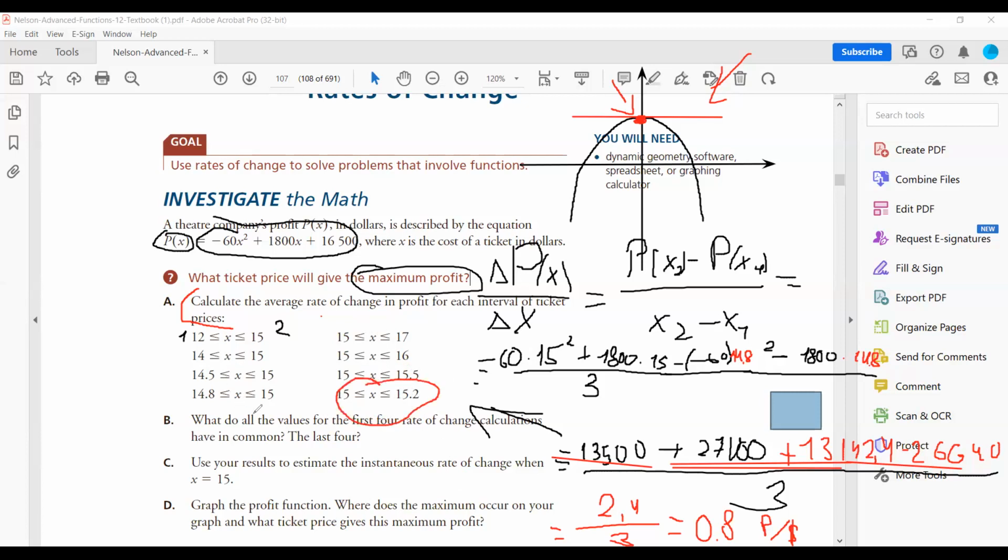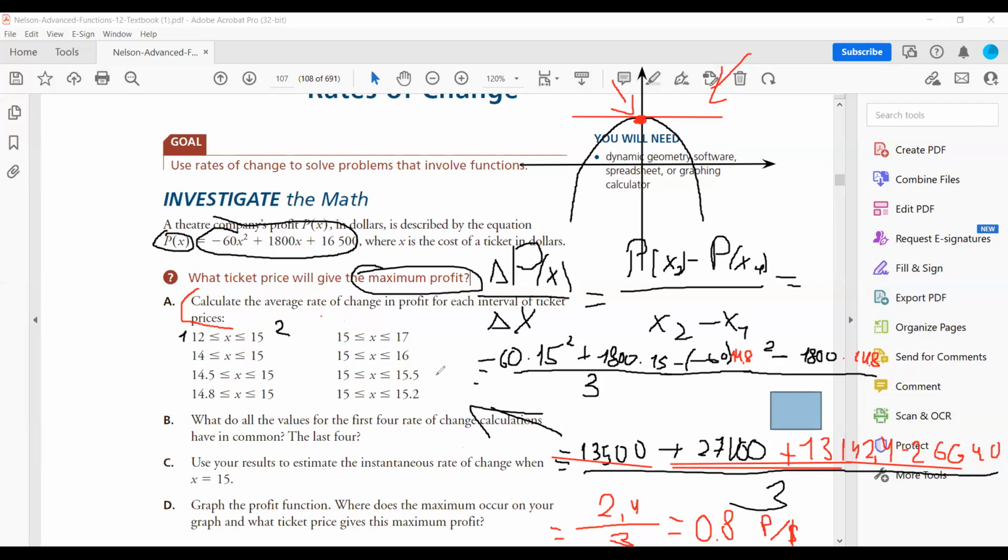What do all the values for the first 4 rate of change calculations have in common? They all share the same point, right? We approach a specific point on the graph. I can estimate that when my price per ticket equals $15, I would have an instantaneous rate of change of 0, or my function would take its greatest value, a local maximum, or absolute extremum, maximum profit.